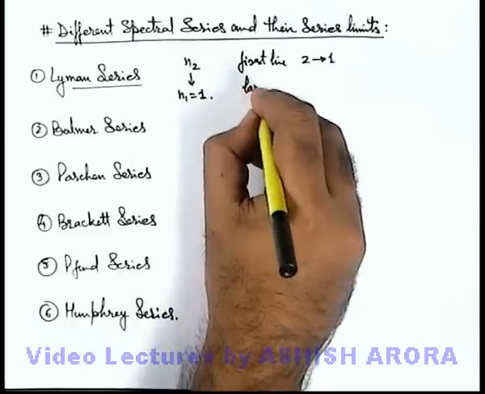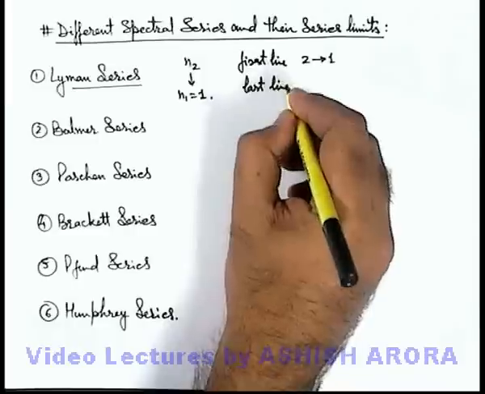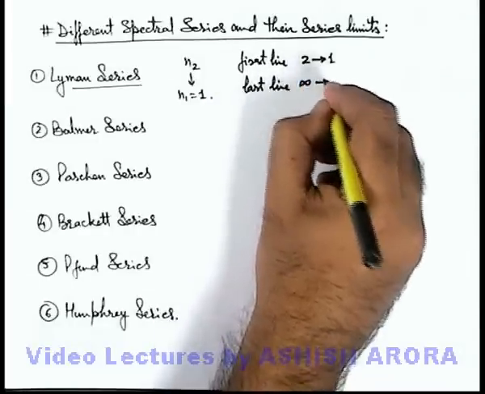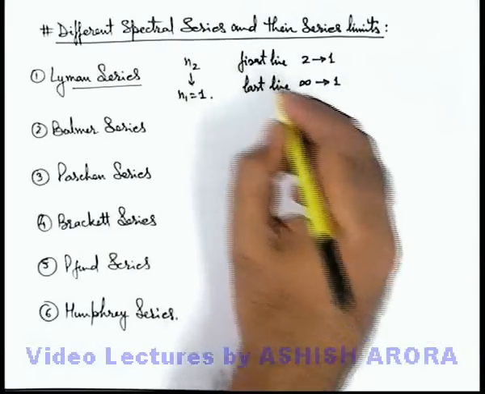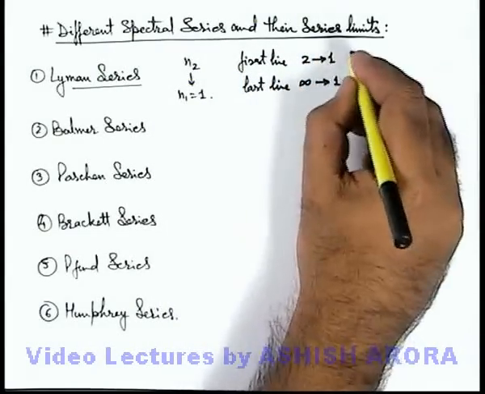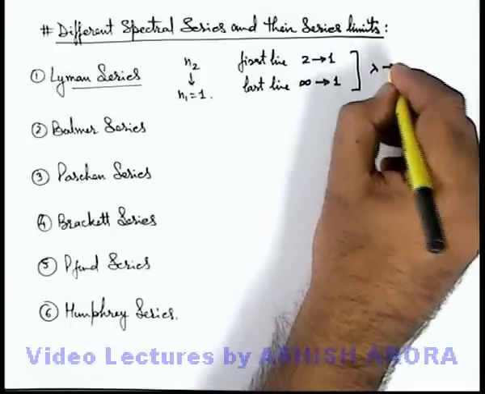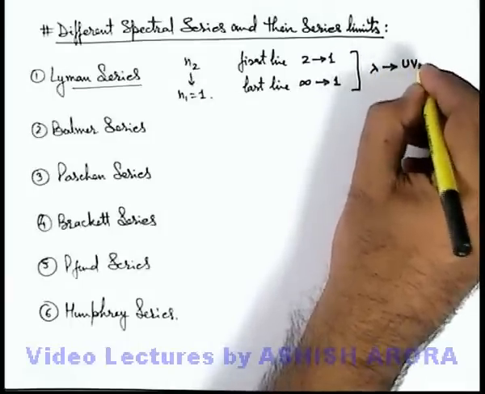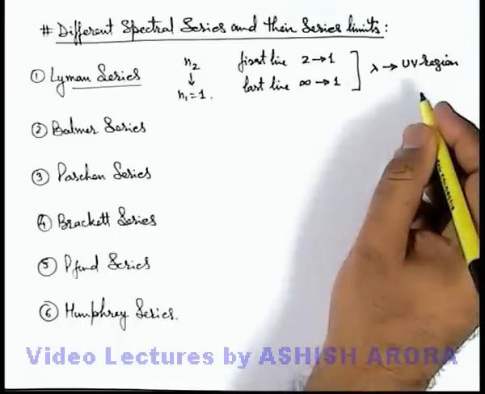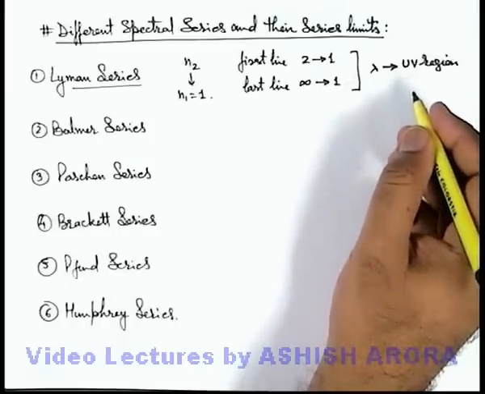The last line of the Lyman series, which is also called the series limit, corresponds to infinity to 1. All these lines in between have their wavelength in the range of the ultraviolet region. The wavelength you can easily calculate by using Rydberg's formula we have already discussed.